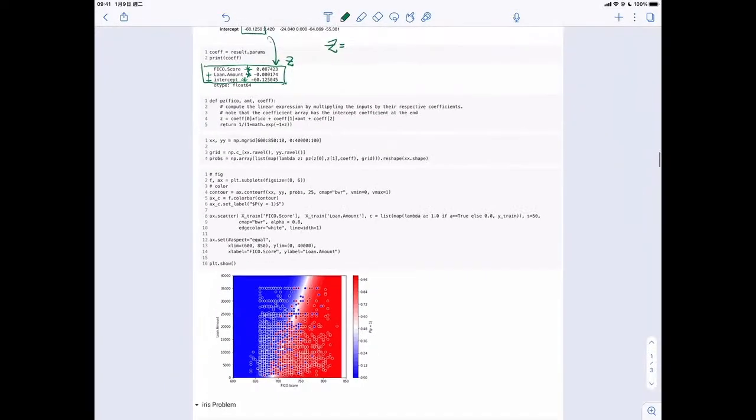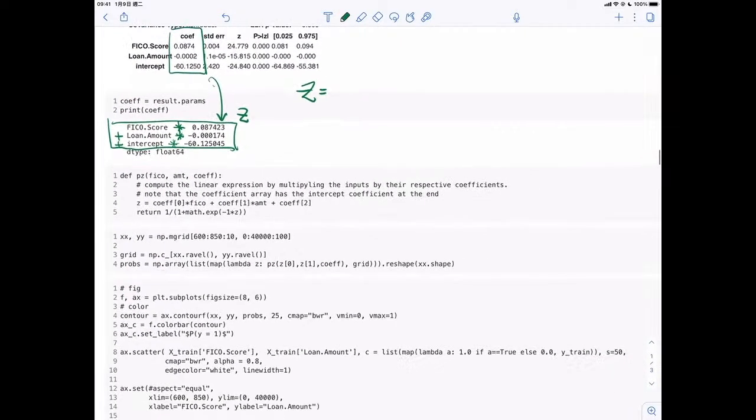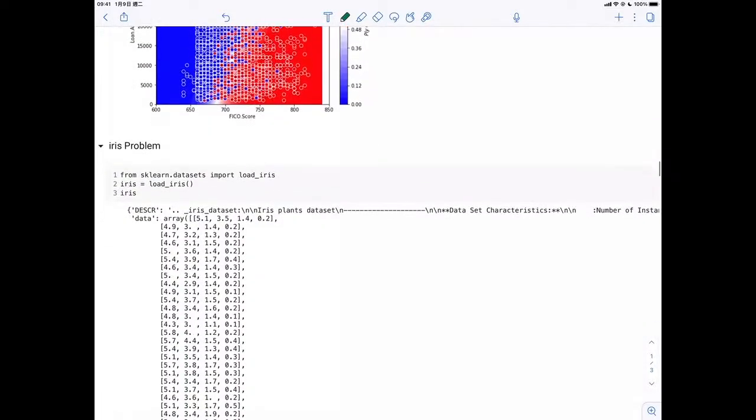In the previous example, we used only one variable, score, right? So you can easily draw the Z shape using a line. However, in this example, we have two variables and one intercept. So how do we draw this figure? We draw this figure in this way.